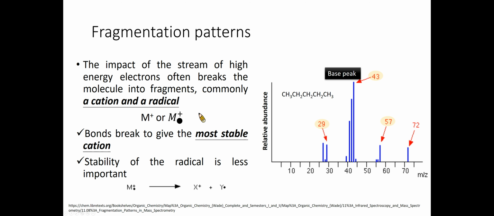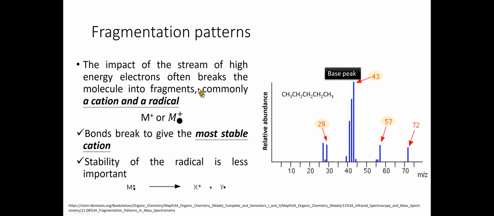When the vaporized organic sample passes into the ionization chamber of a mass spectrometer, it is bombarded by a stream of electrons. These electrons have a high enough energy to knock an electron off an organic molecule to form a positive ion. This ion is called the molecular ion, M+ or M+•.